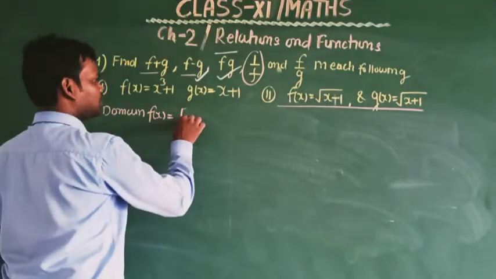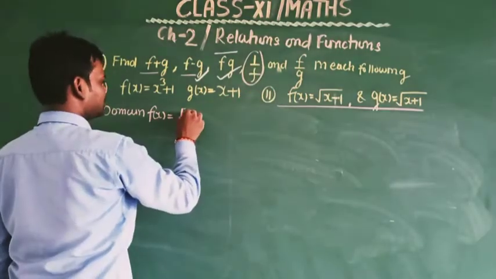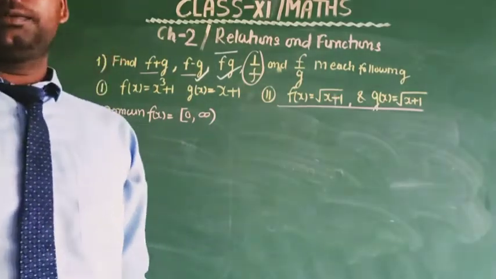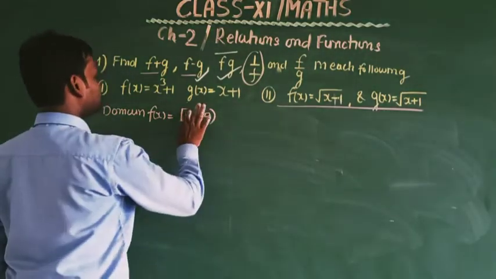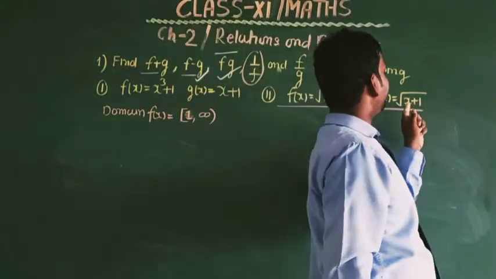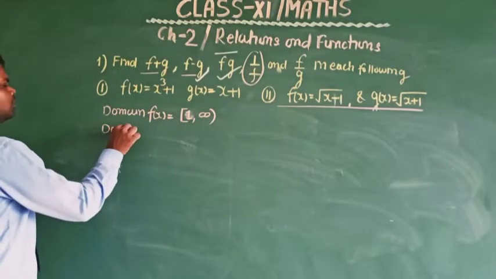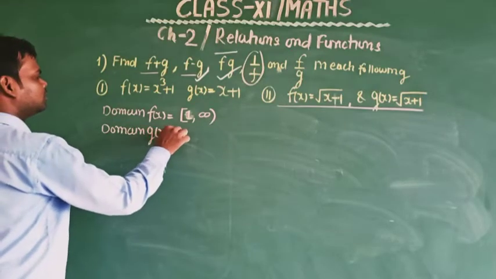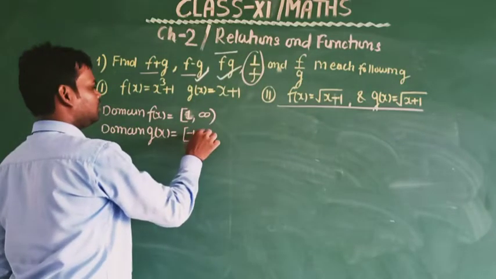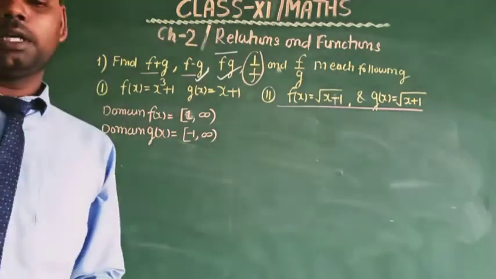So the domain of the function fx is 1 to infinity, not 0 to infinity. And similarly, the domain of gx is -1 to infinity.